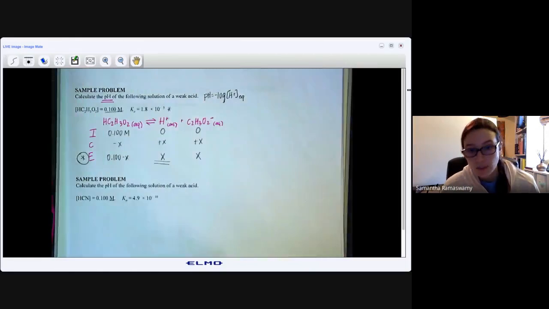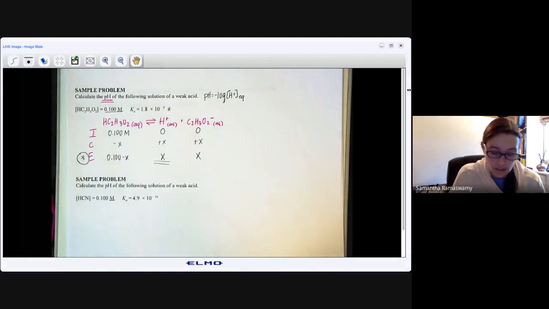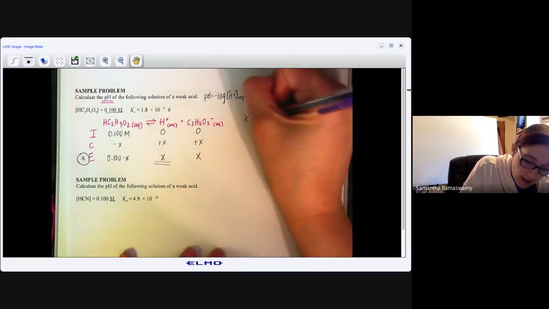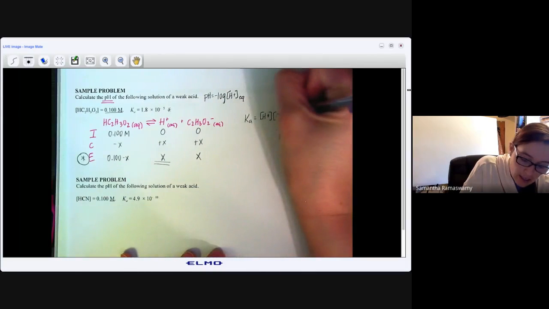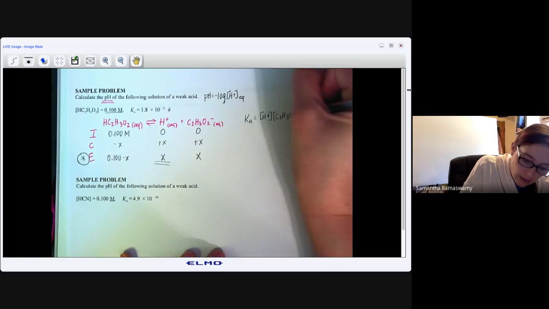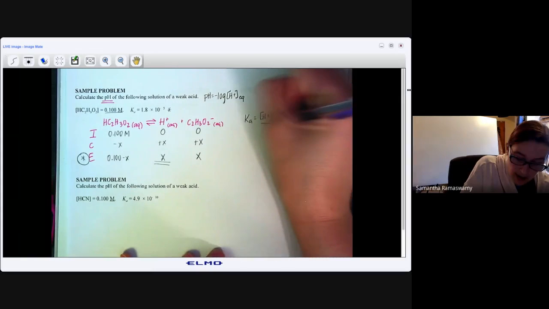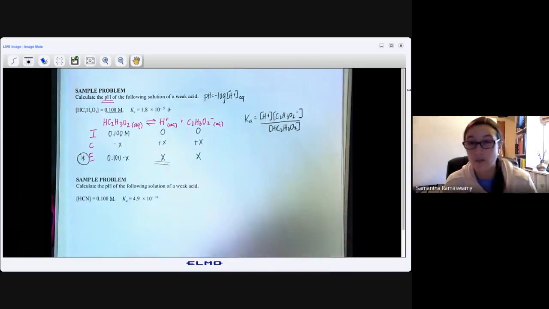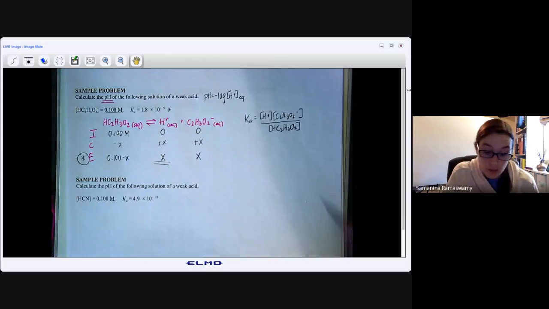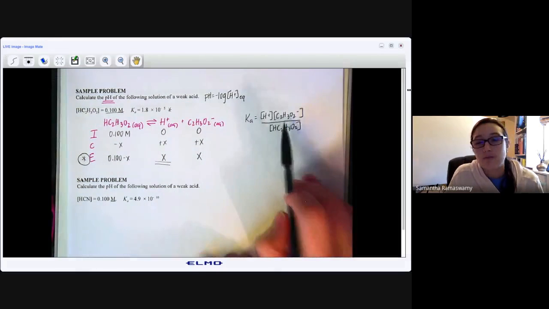The equilibrium row can be used with the K. The Ka expression is products over reactants. I know writing the K expression can be annoying because you're writing products over reactants every time, but on free response, sometimes you are given points for writing the Ka expression. So just write the expression before you plug things in.